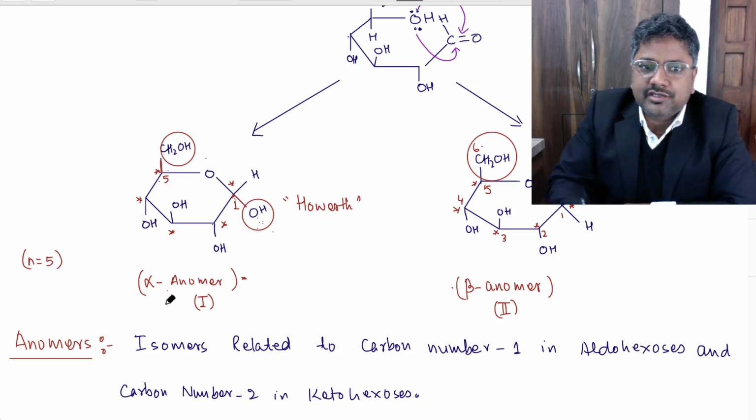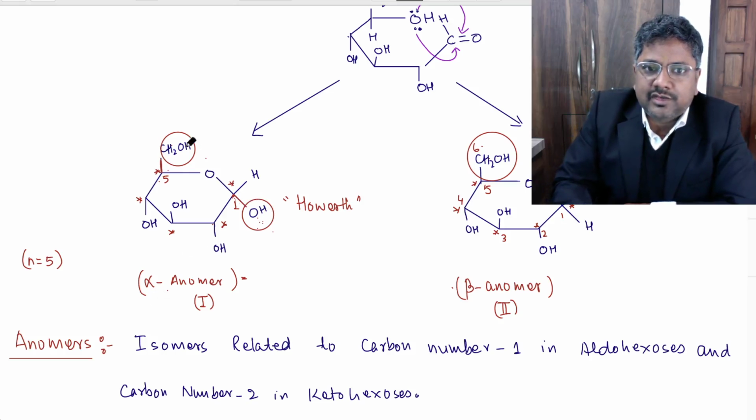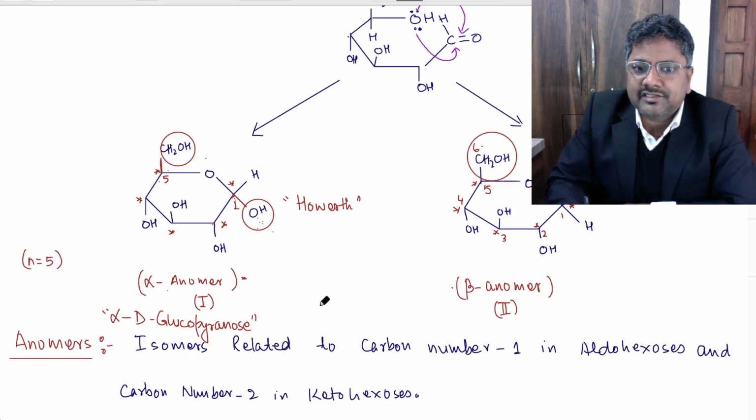So this OH and CH2OH are opposite, so you have to write alpha, and this is D-glucopyranose. The OSE suffix we have to use when the anomeric OH is free.